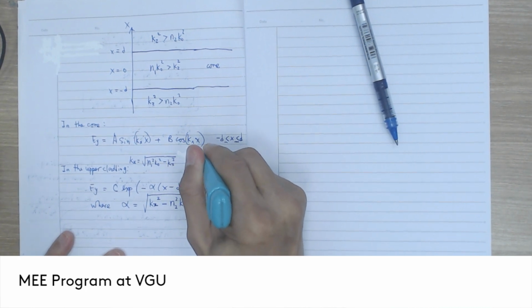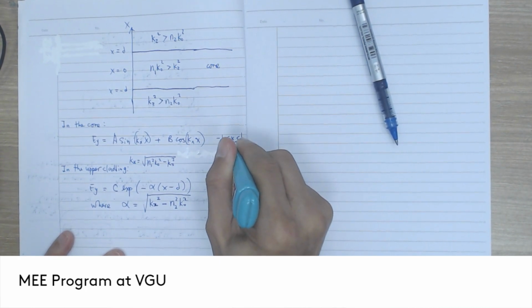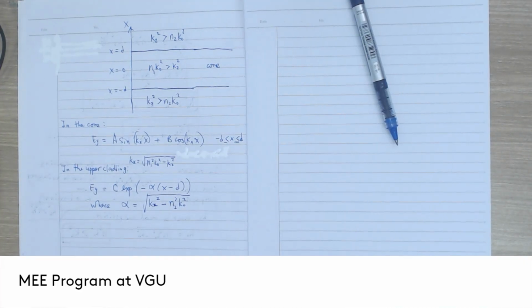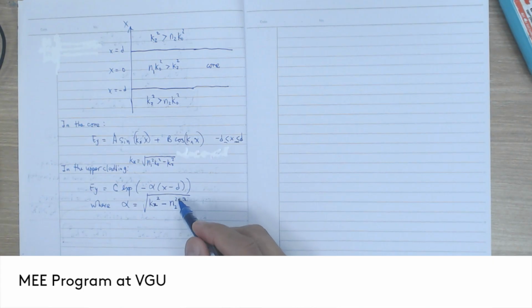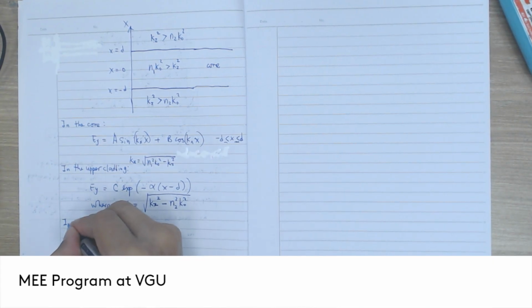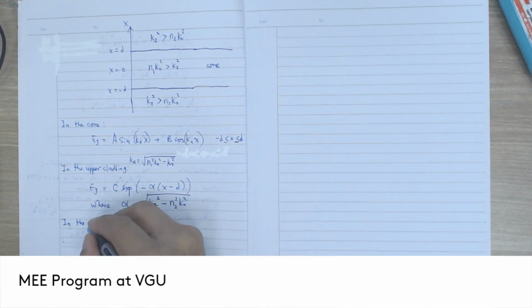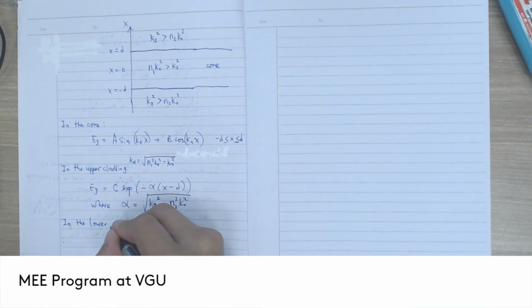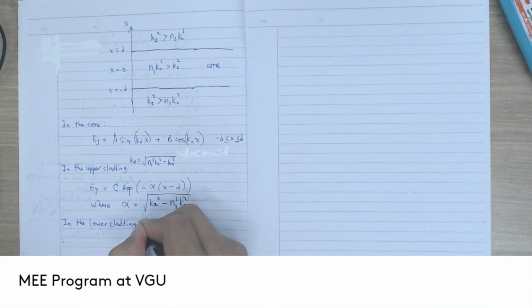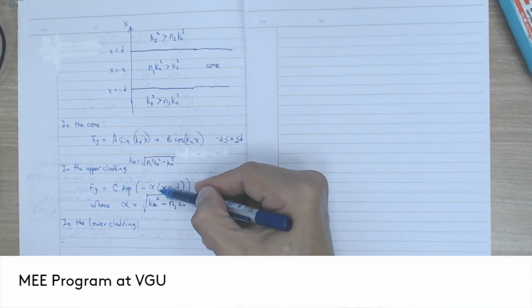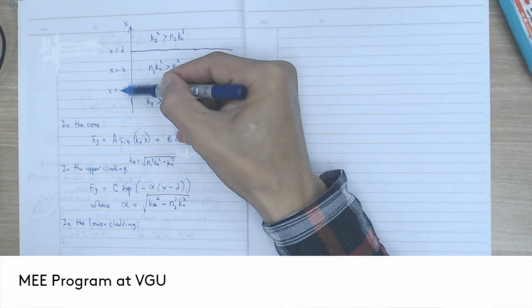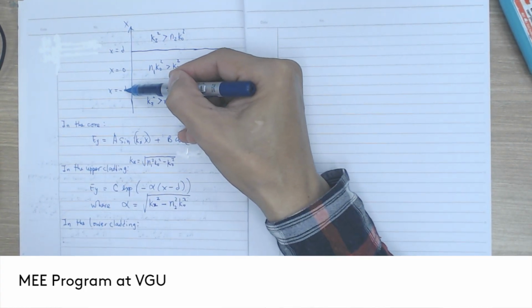So we have this expression, and in the lower cladding we can do something similar, but now x is below minus d.